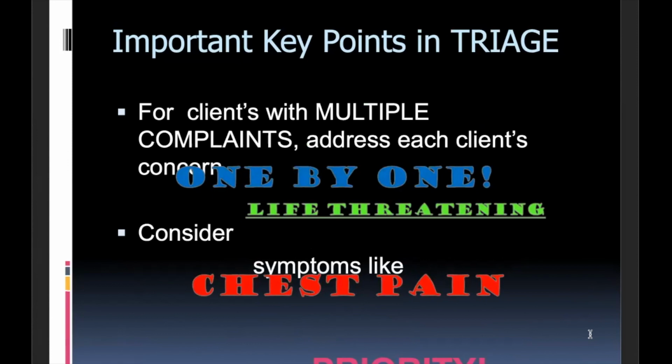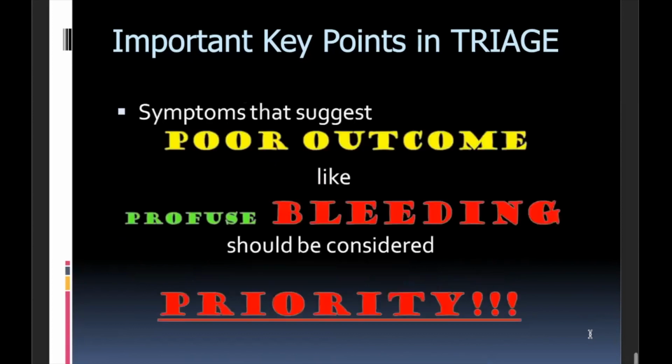Maybe the chest pain is actually a start point for the patient. They will have an elevated blood pressure, or there's like an occlusion, or maybe a pathognomonic sign for stroke or any other CVA disease. Symptoms that suggest poor outcome, like profuse bleeding, should be considered a priority as well.